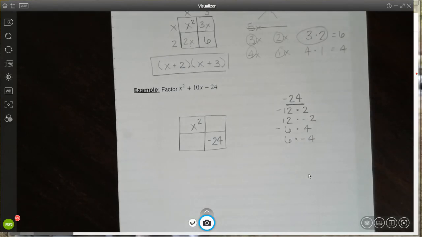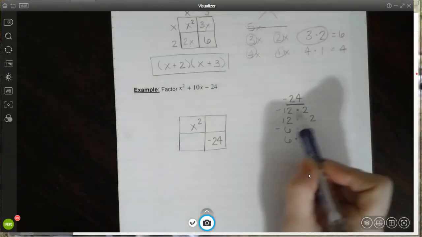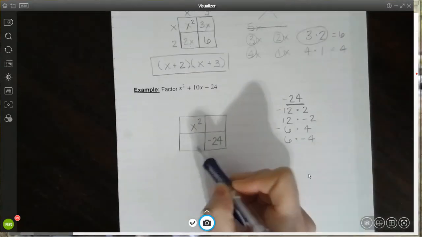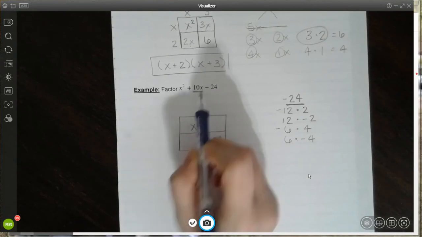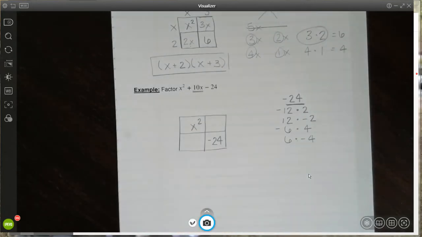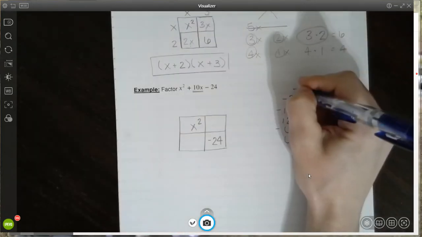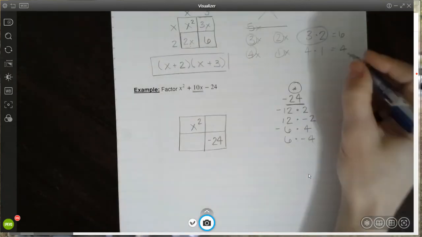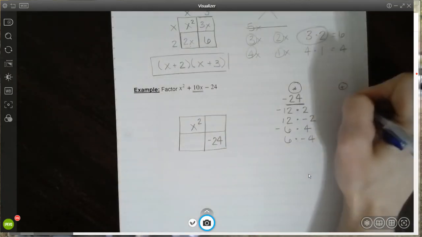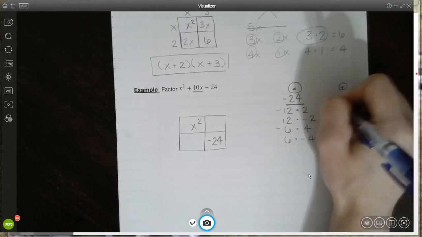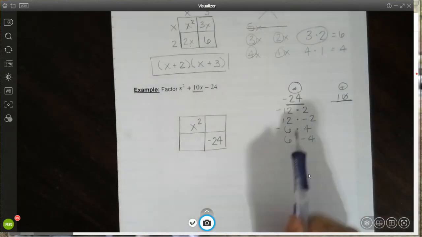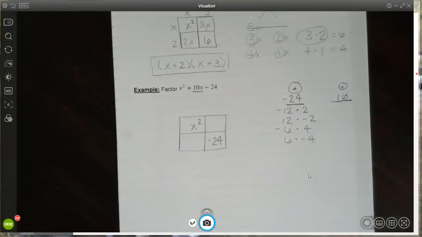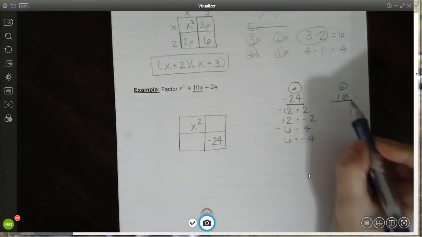But when I put these two numbers in these corners, they have to add together to make positive 10x. So this is multiplication to get negative 24. Now I need to think about what addition would happen to make 10 using these numbers that I know give me negative 24 when I multiply.